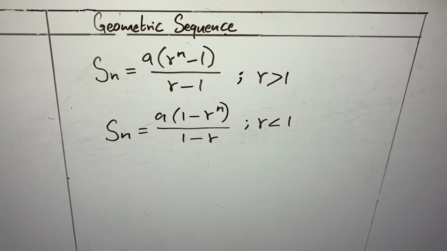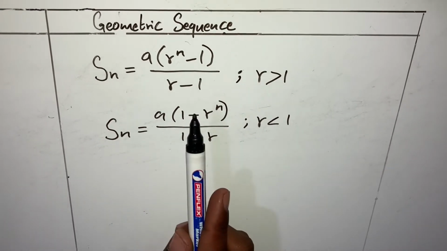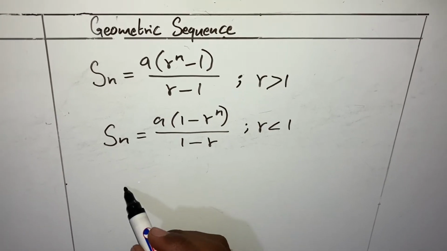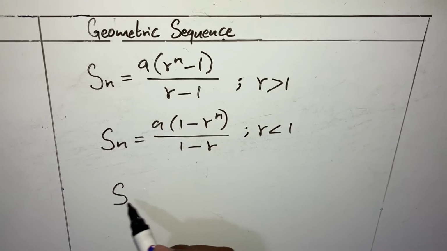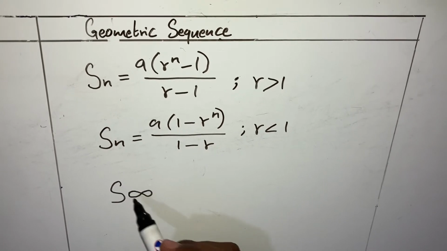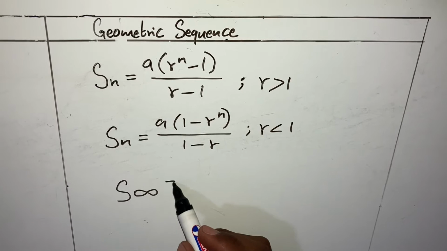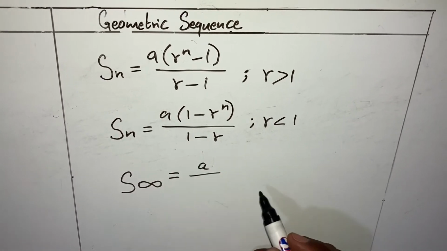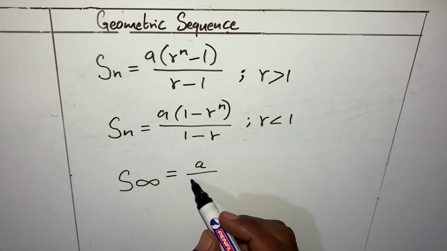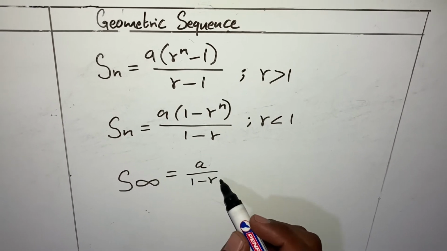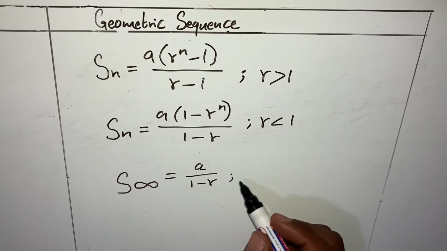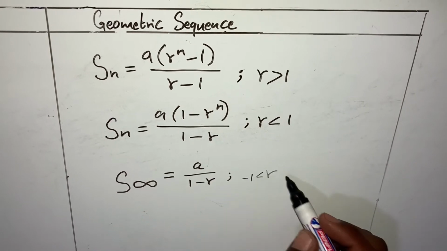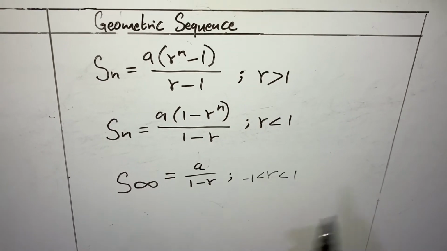Then for the geometric sequence, we also have a sum to infinity, which is S infinity equals a over 1 minus r, and the condition for this one is that r must be between minus 1 and 1.